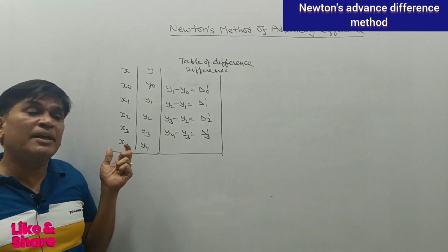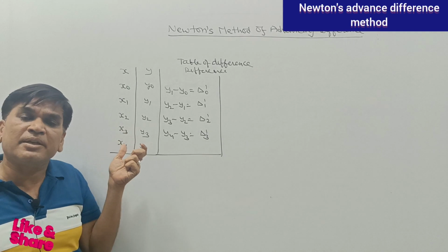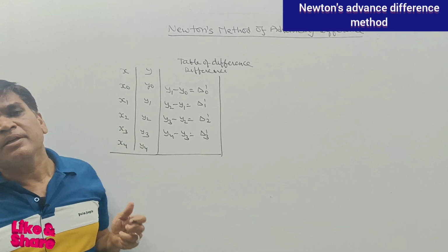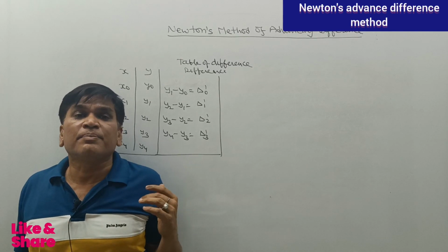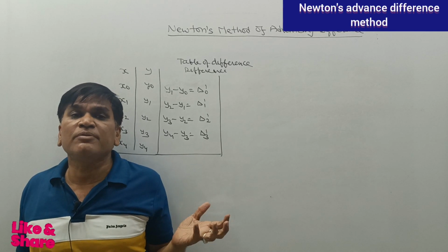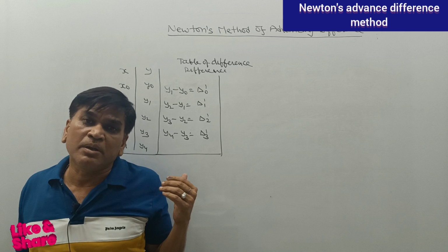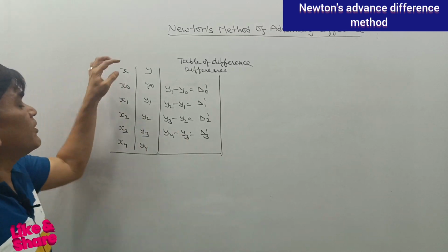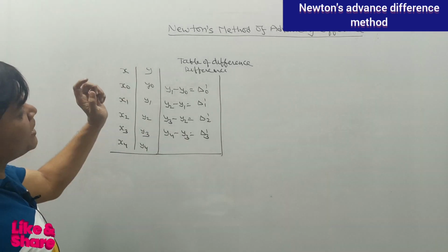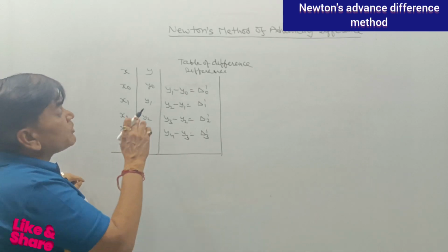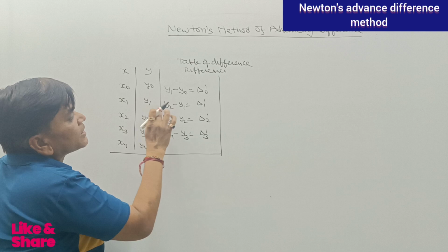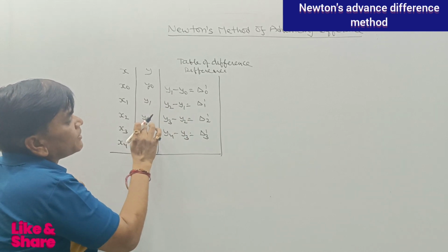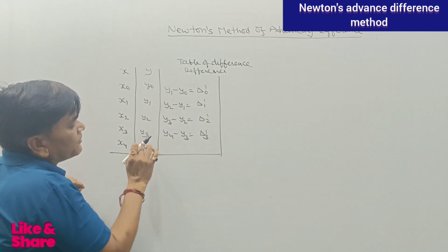In the question, the year may be given as the x value, and the production value, population value, export-import value, whatever, will be given as the y value. So for getting the first difference, we take y1 minus y0, that is the first difference, then y2 minus y1, y3 minus y2, and y4 minus y3.